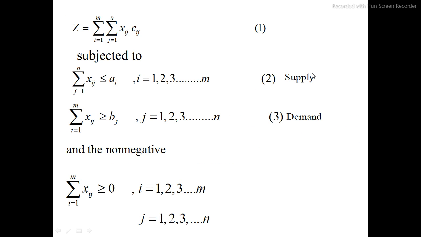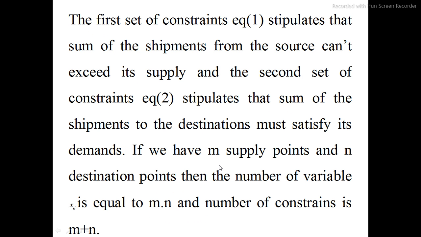That means we can say that for an objective function, under these conditions subject to supply and demand and non-negativity, sigma of x of ij, that is the supply, should be less than or equal to ai, and the demand should be greater than or equal to bj, and the non-negative should always be greater than or equal to 0. What is this?